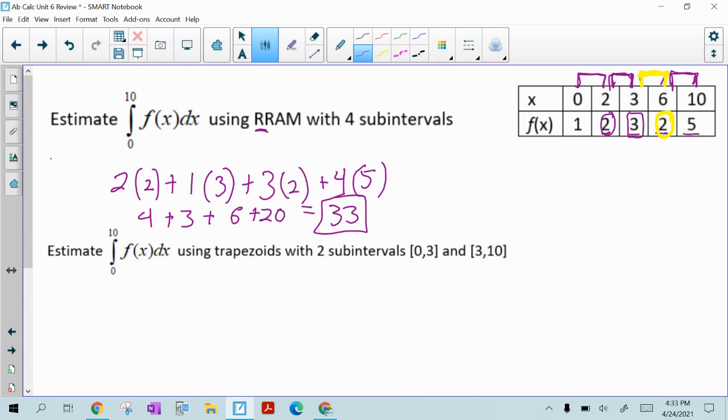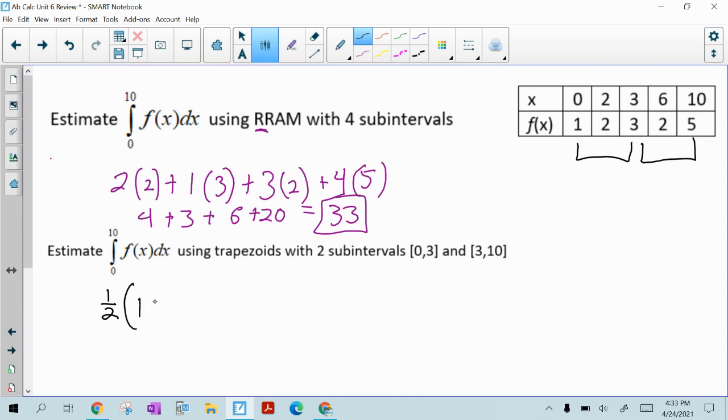Okay, next, you're asked to do this same problem using trapezoids with 2 subintervals. Now, if I'm only going to use 2 subintervals, I'm going to try and do it the easiest way possible. And in this case, that's just going to mean I'll use from here to here and here to there. It's going to be using the data set, try and cut it up evenly. So I'm going to say, all right, 1/2, and I'm going to use my heights.